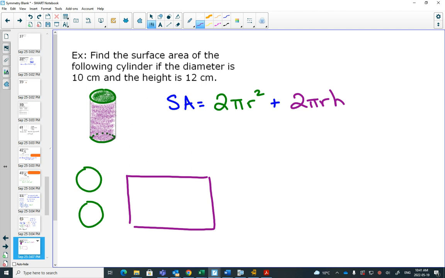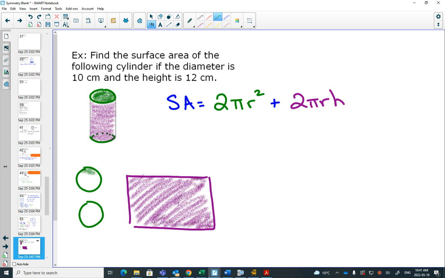This is the formula for a surface area of a cylinder. Again, I'm having way too much fun coloring today. There's the purple part, and 2 circles on the top and the bottom.